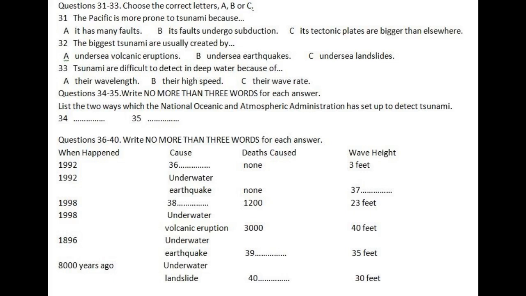Tsunamis are very hard to detect, since they cannot be seen when they are in the deep ocean. The distance between two wave crests can be 500 kilometers, and because of this, the wave height is only a few feet.